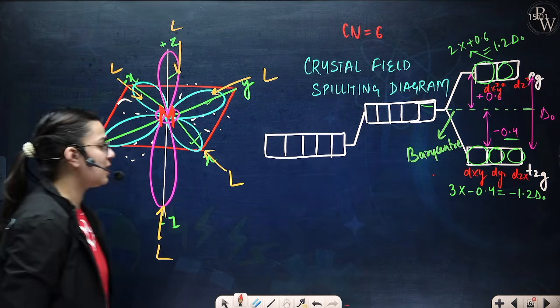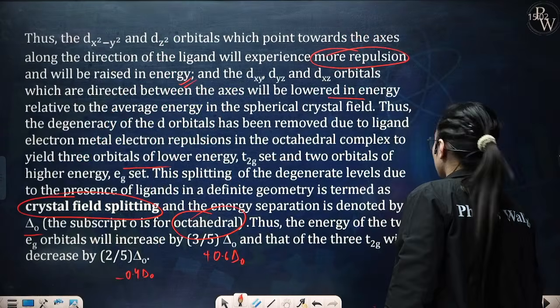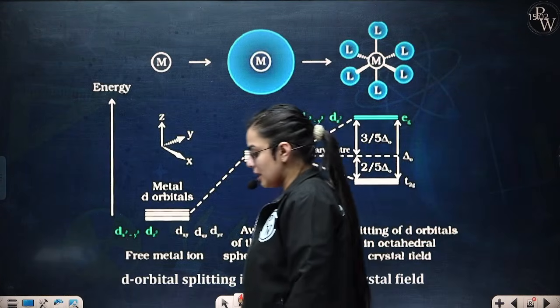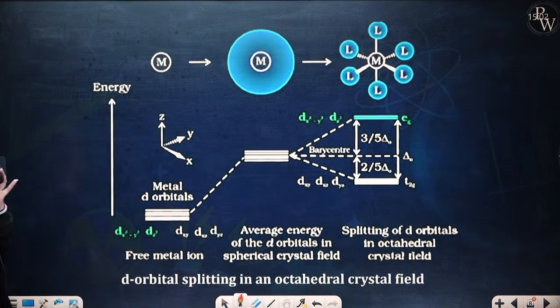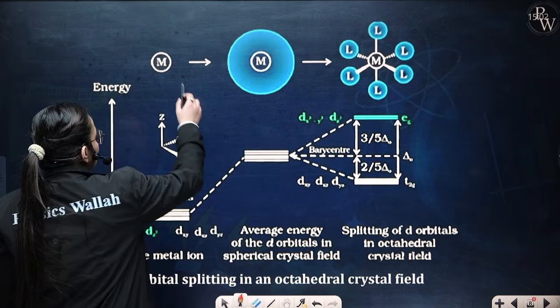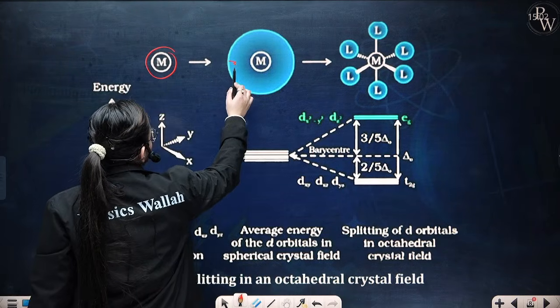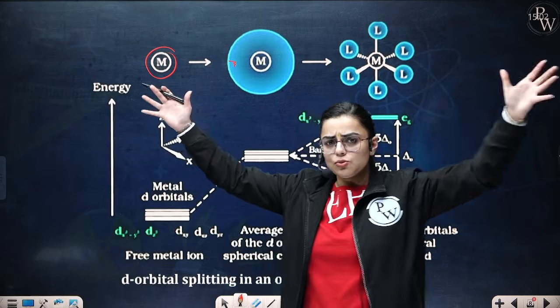Now let's understand and draw the various structures. See, this is the diagram from the NCERT. Let us read it. See what is happening over here. This is your central metal atom and this blue represents the ligands that are approaching. Now ligands can approach from any end towards the central metal atom.